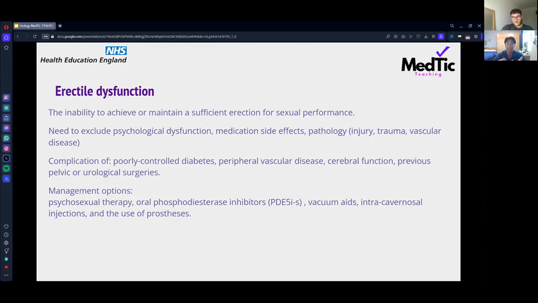Then you can also have implantable prostheses, which have effectively a valve that can fill in and out with either saline or gel to induce and maintain the erection. But our first line, or main treatments, would be psychosexual therapies, or if they're amenable to it, an oral phosphodiesterase inhibitor.